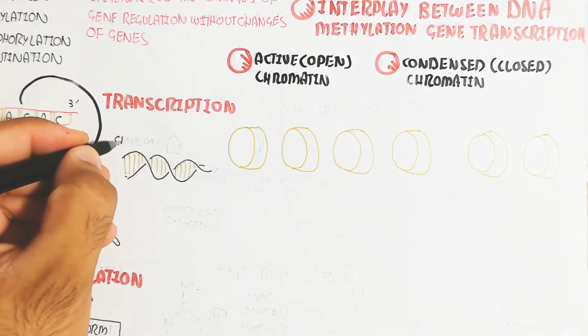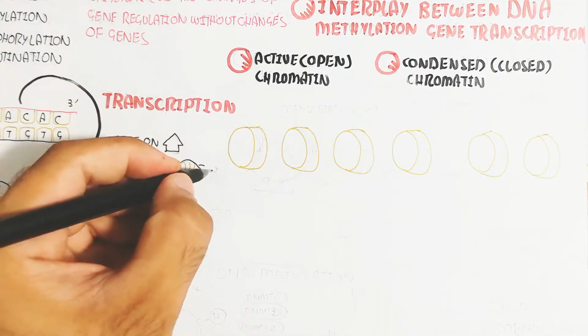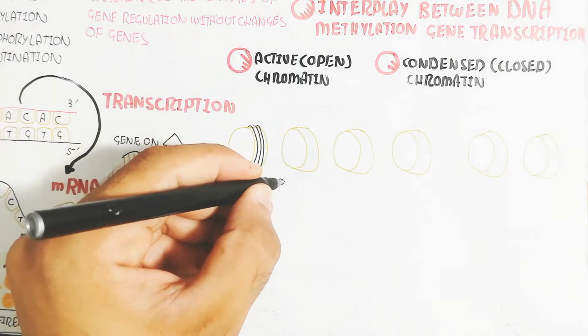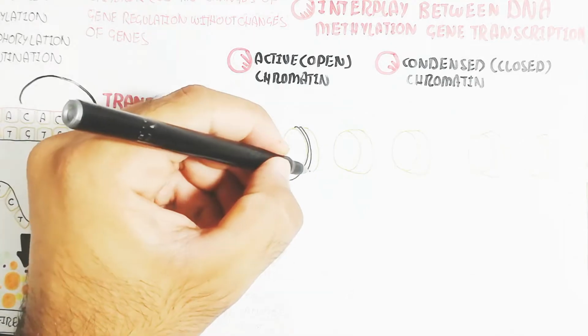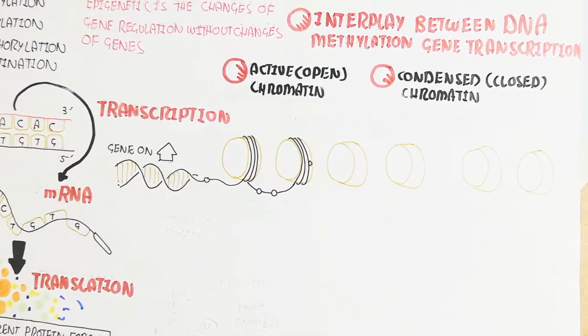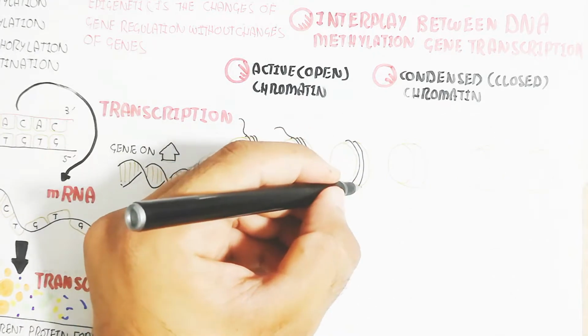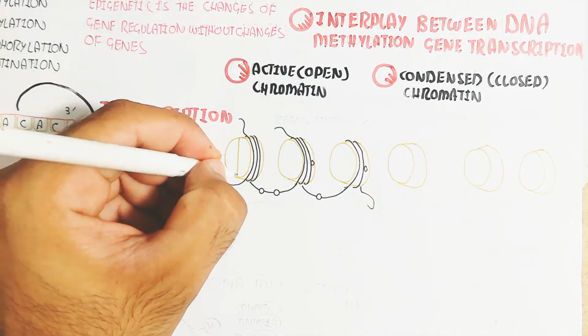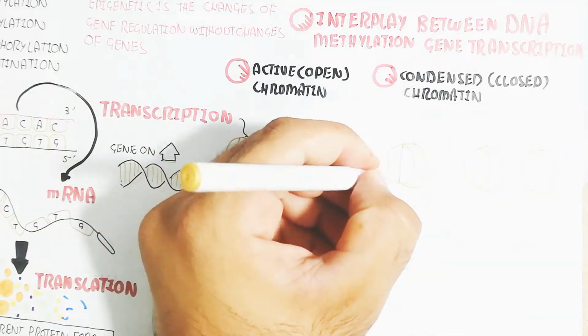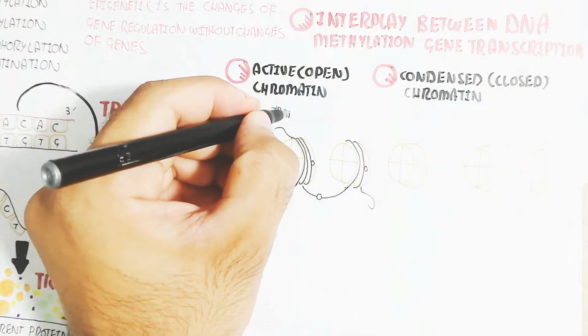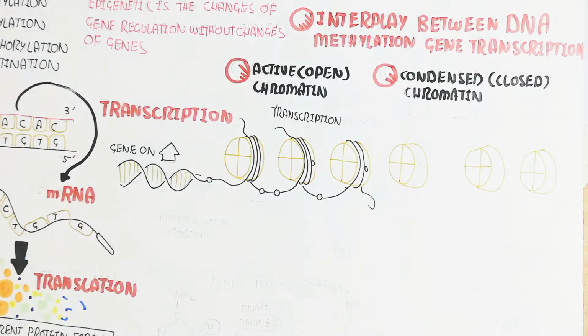Here is the histone protein octamer, bound with the four types of histone protein H2A, H2B, H3 and H4, and the linker protein H1. Here you can see the unmethylated cytosine, which contains an acetyl group and is used for transcription to produce the protein.